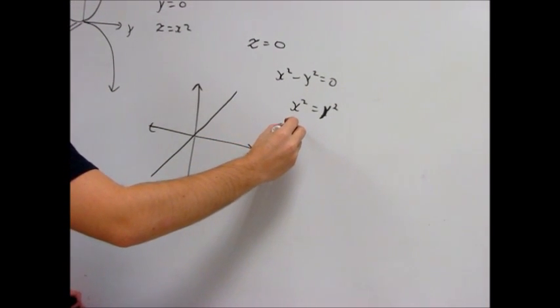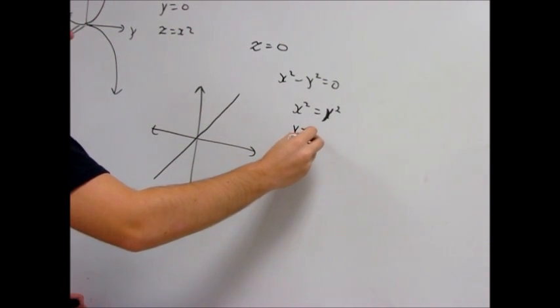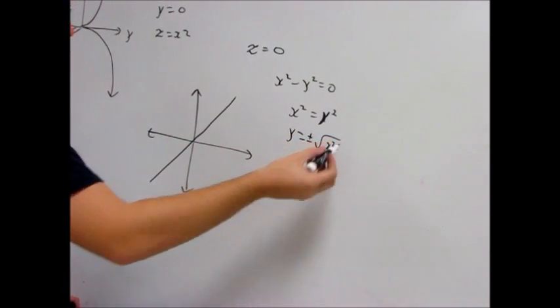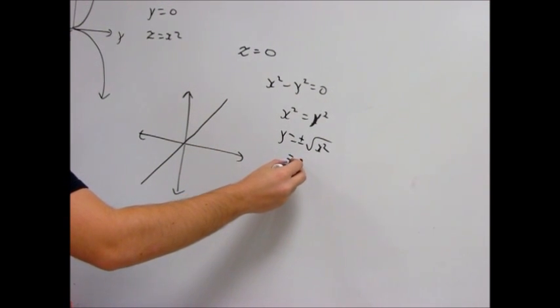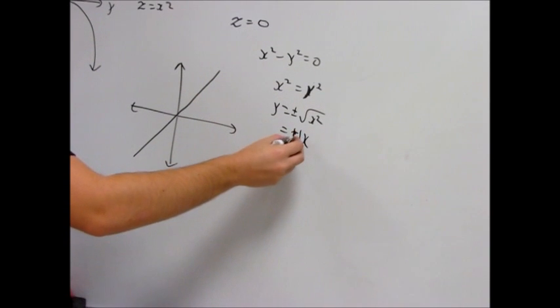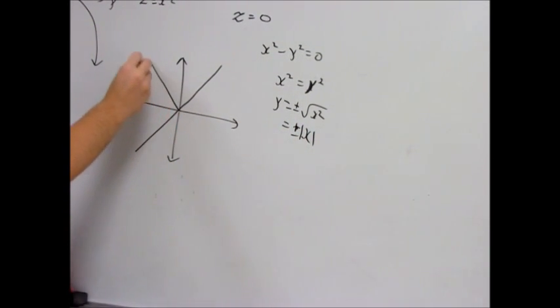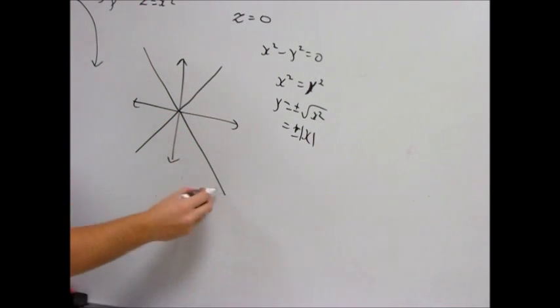So if we solve for y, y equals plus or minus square root of x squared, or plus or minus the absolute value of x. So it's absolute value, and then positive or negative, so it looks like this.